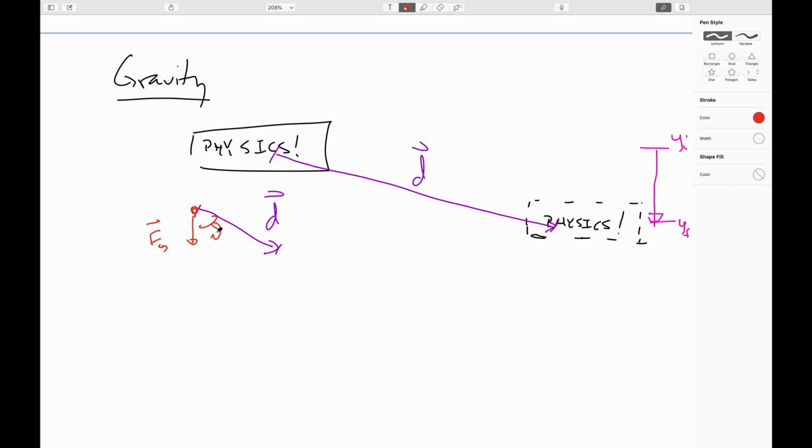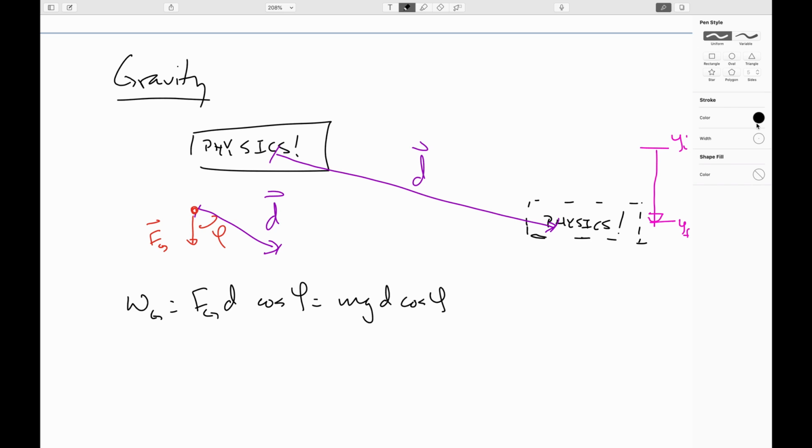This angle theta here, and this is angle phi here. We can say that the work done by gravity will be equal to FG d cosine phi, or m g d cosine phi.